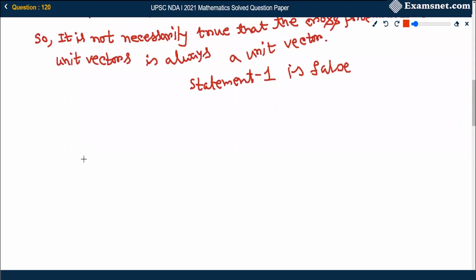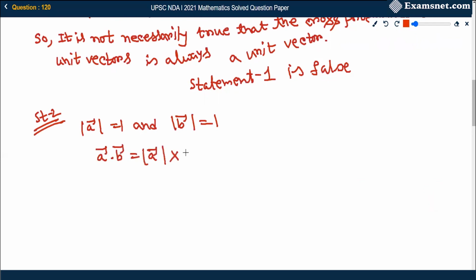Next, statement 2. So here the dot product of two vectors is always unity. That is what statement 2 states. So we have assumed that A and B two unit vectors. So we can write mod of A vector 1 and mod of B vector 1, right? Now the dot product means mod A mod B cos theta, correct?